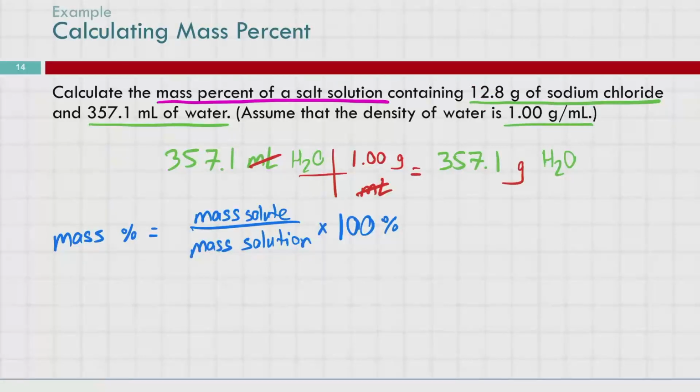We don't have the mass of the solution. This is an instance where it would be helpful to write it instead as mass solute plus mass solvent. Because we have the mass of the solute, we have the mass of the solvent. That's what I meant to write, not solution. Okay, now it's correct.